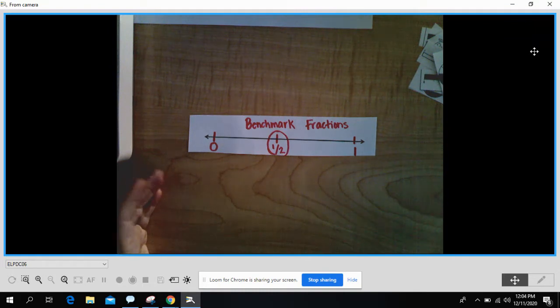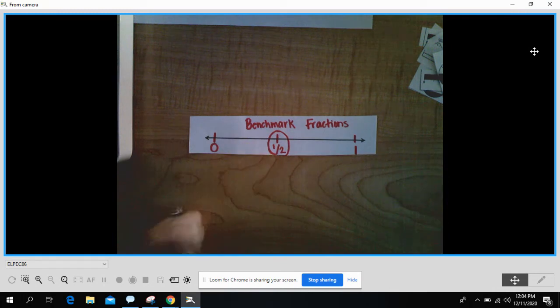But you are an age that I know most of you like to say when you are in the middle of 8 and 9. You're not quite 9, you're past 8. You haven't reached 9 yet. So what age do you say that you are? You're 8 and a half. That's where that half is, in the middle of your age. So we use that benchmark fraction even when we talk every day, and sometimes we don't even realize it.